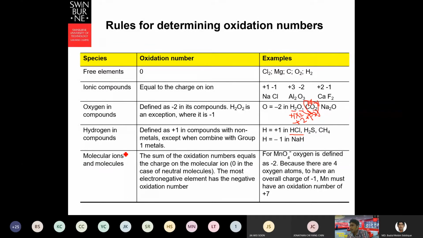So here it is manganese and oxygen, manganese tetroxide, and the whole compound is carrying this negative charge. This negative charge is not associated only with the oxygen, or only with the manganese. The whole compound is carrying this charge.